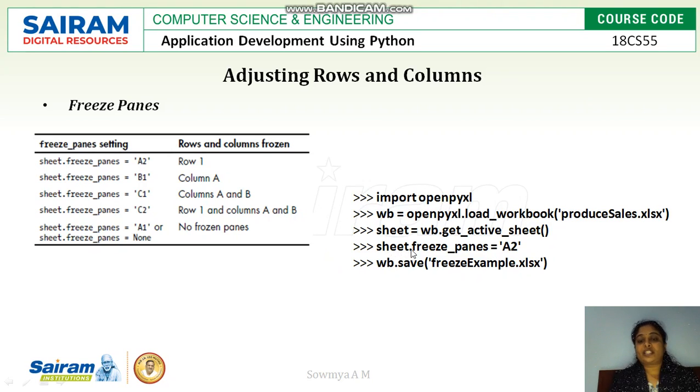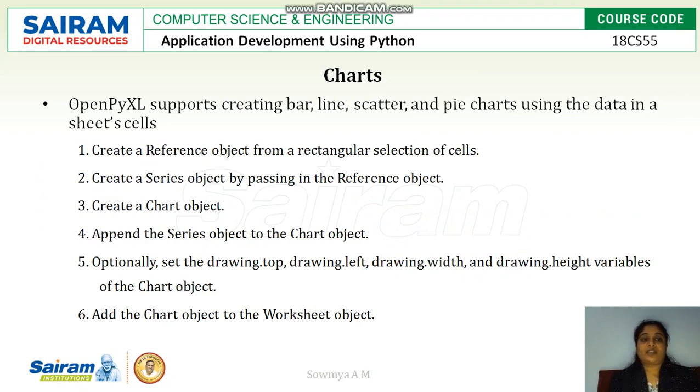So to do that, sheet object dot freeze_panes is equal to A2, then row 1 will be frozen. We can even make use of A2 to freeze row 1, B1 to freeze column A, C1 to freeze columns A and B, B2 to freeze row 1 and column A, C2 to freeze row 1 and columns A and B, and A1 for freezing nothing, as it will freeze nothing.